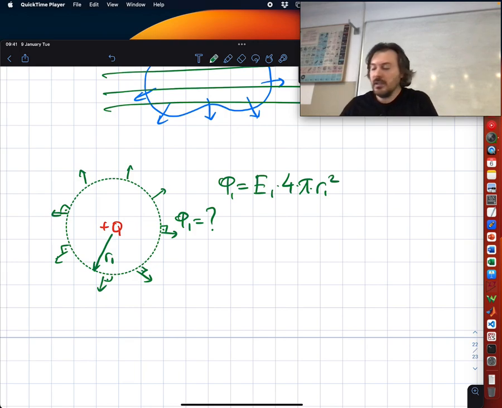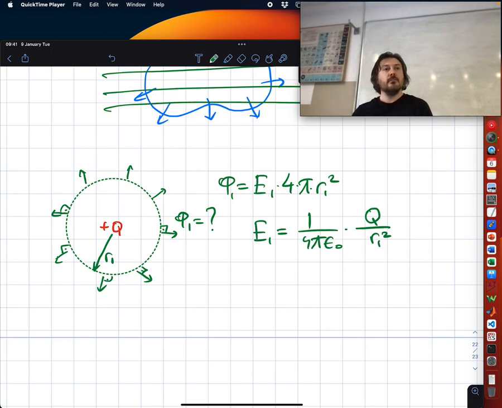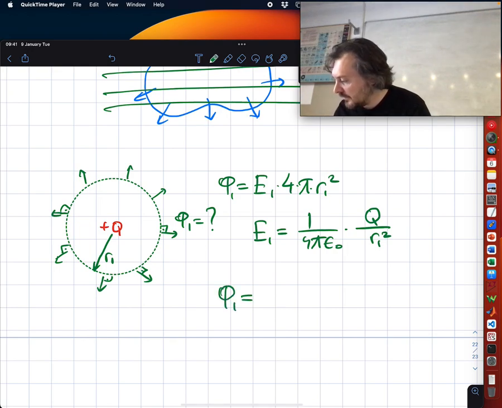But what is E1? E1 is 1 over 4 pi epsilon 0 times Q over R1 squared. Do you see there are going to be lots of cancellations? So phi 1 is Q over epsilon 0.